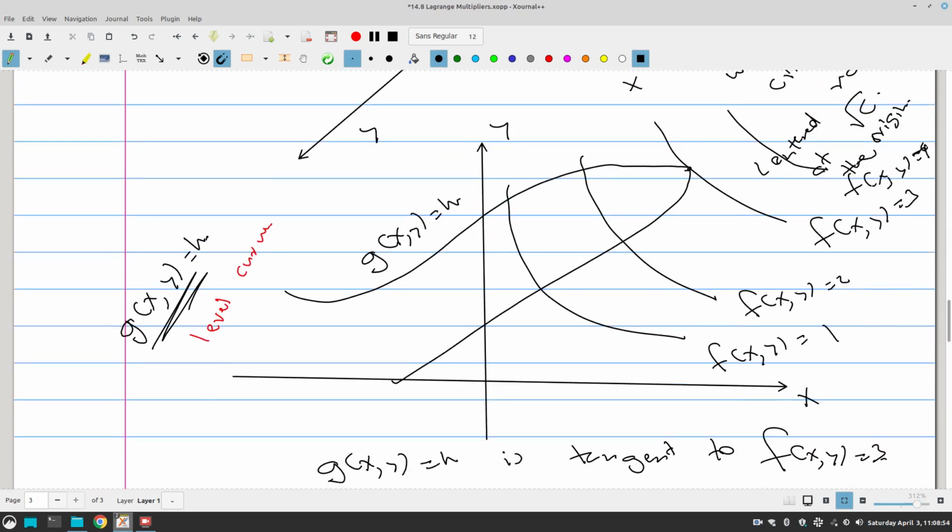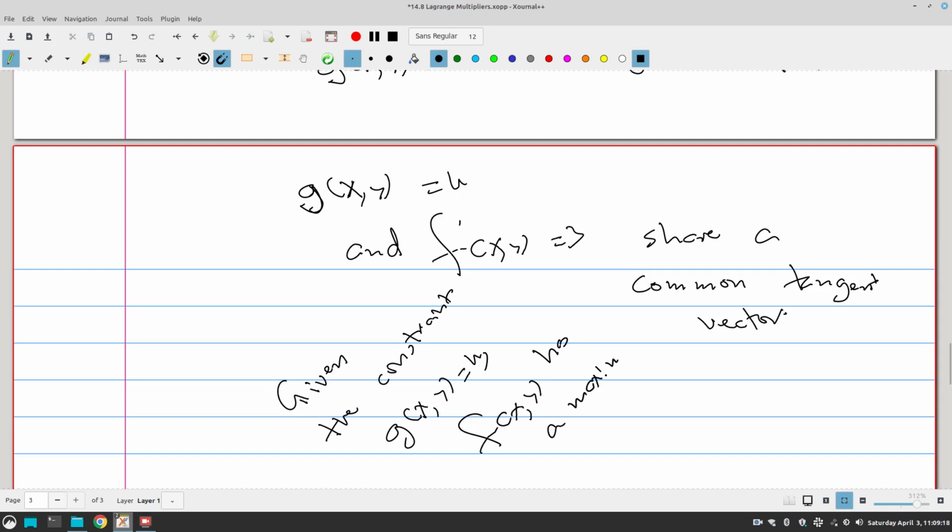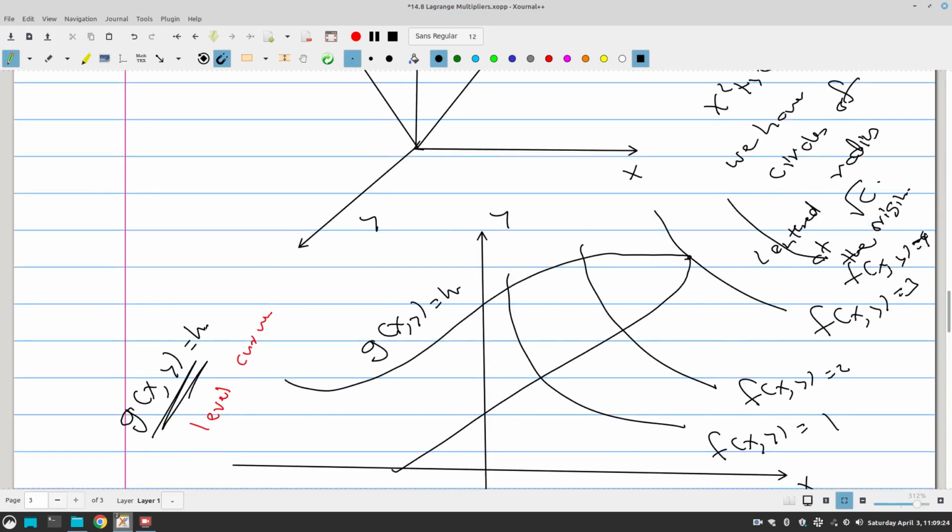We know from the diagram that given the constraint g of xy equals k, f of xy has a maximum value of 3.